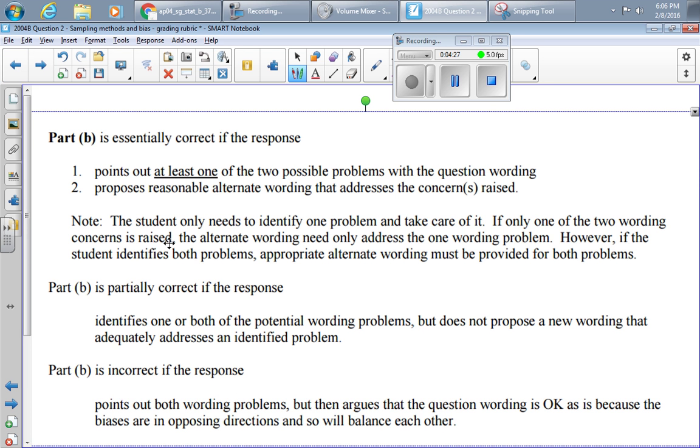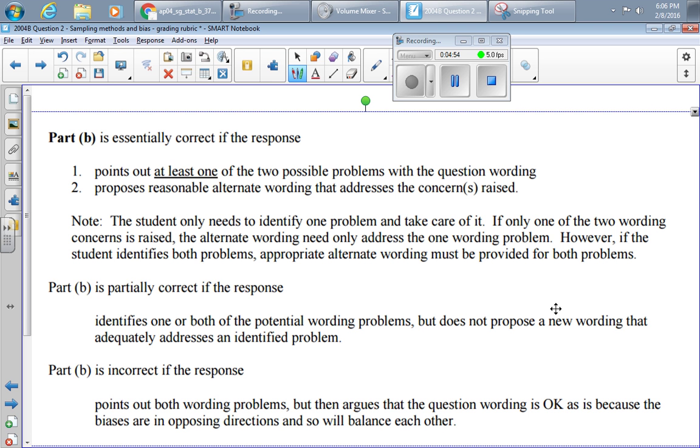Note, it says the student only needs to identify one problem and fix it. If only one of the two concerns is raised, the alternate wording only needs to address that concern. However, if they identify both problems, the alternate wording must solve both problems. Part B is partly correct if you identify one or both of the potential wording problems, but you don't offer a new solution that fixes whatever you said the problem was.